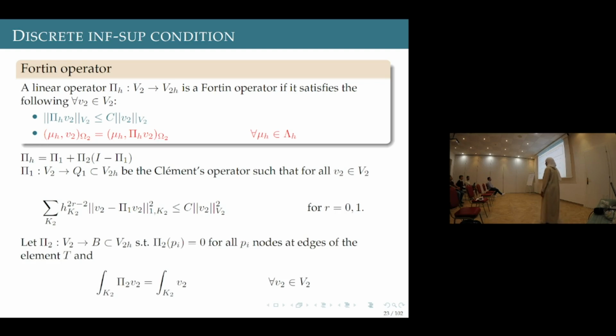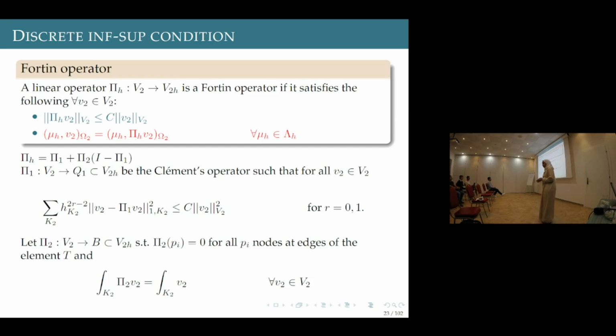The second operator, pi 2, we choose such that it maps V2 into the bubble part of V2H, and it vanishes at the boundaries of the element. And we choose it such that the integral locally over each element of pi 2 V2 is equal to the integral of V2 there. So pi 2 is just like a bubble, and we choose the height of the bubble such that it satisfies this.